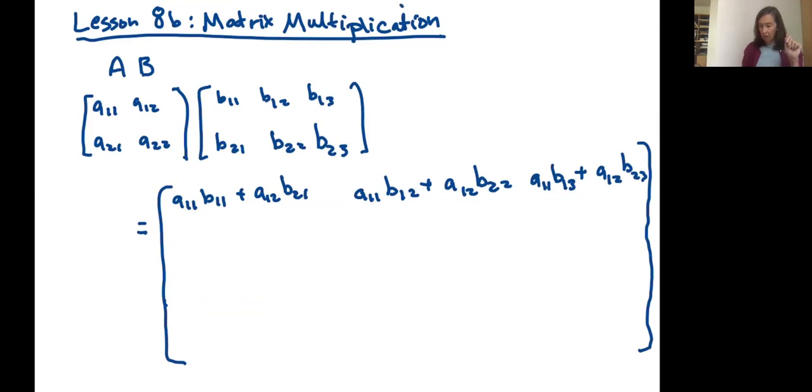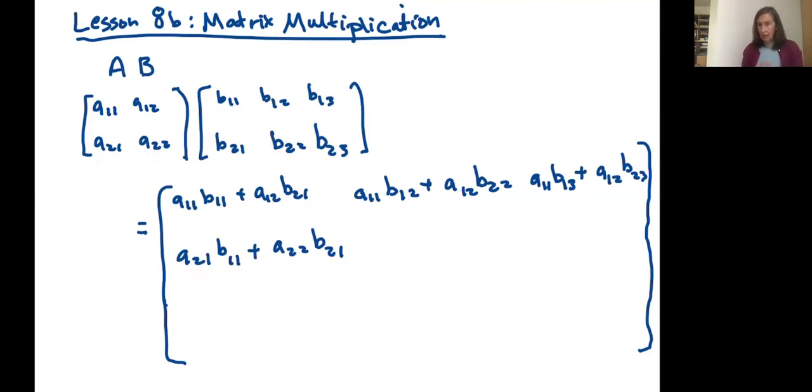I just wanted to designate the place. So to get the element that goes here, the second row, first column, I'm going to take the second row of the lead, first column of the lag. So I have A21 B11 plus A22 B21. That's my 2,1 element, second row, first column of the product matrix.